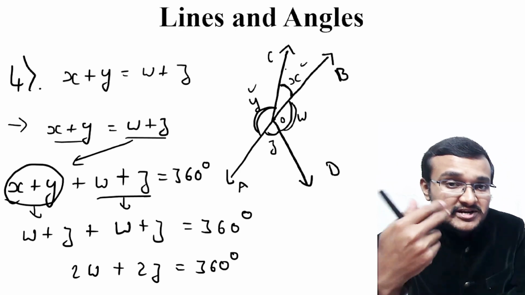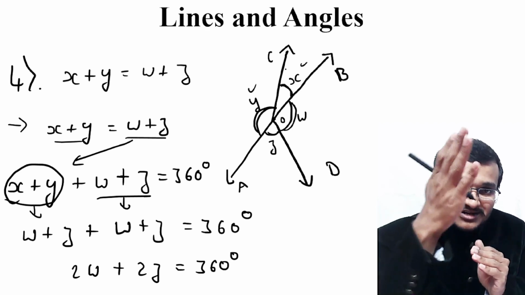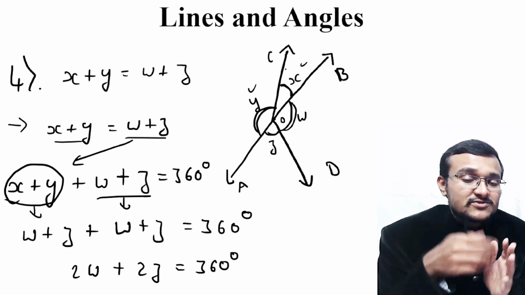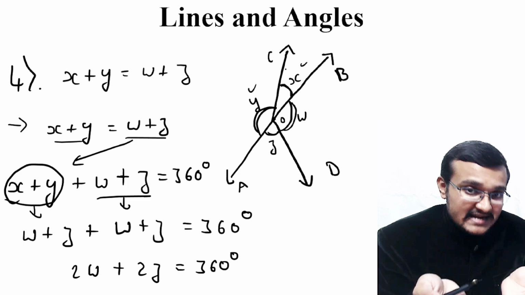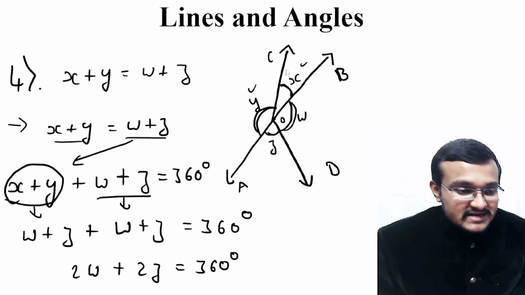In axiom 6.1 in this chapter, we have discussed that if a ray is sitting on a straight line, then if you add both of the angles, it will be equal to 180 degrees. If you add both of the angles and it is equal to 180 degrees, the line which you have taken must be a straight line.